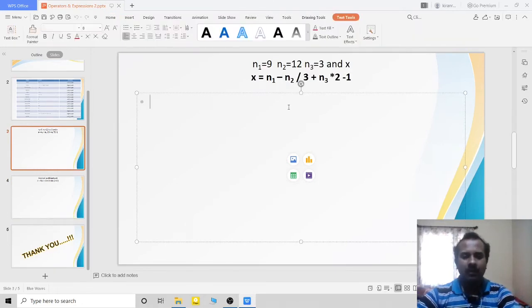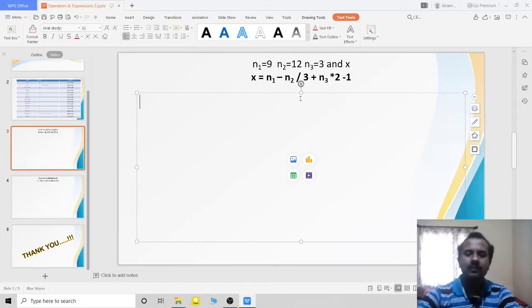I have n1 equal to 9, n2 equal to 12 and n3 equal to 3, and I have to calculate x, where x is equal to n1 minus n2 divided by 3 plus n3 into 2 minus 1.